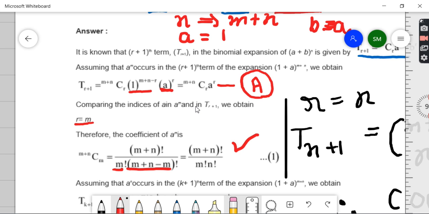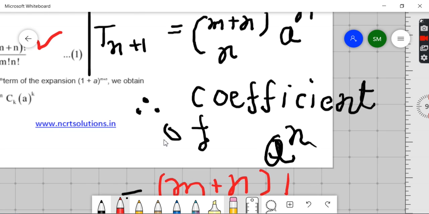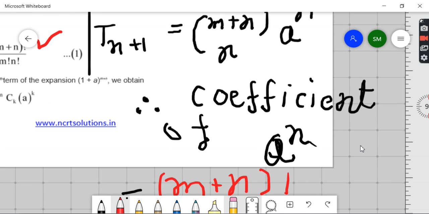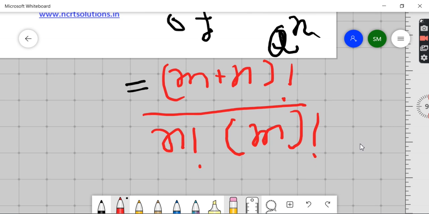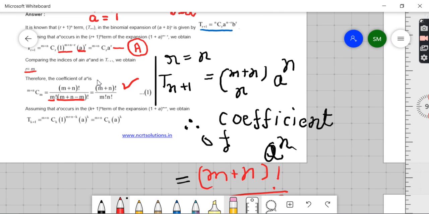Similarly, put r equal to n because we are interested only in the coefficient of a raised to n. Then the coefficient will be (m+n)Cn, which is (m+n) factorial upon m factorial into n factorial, and this is nothing but equation number 1.